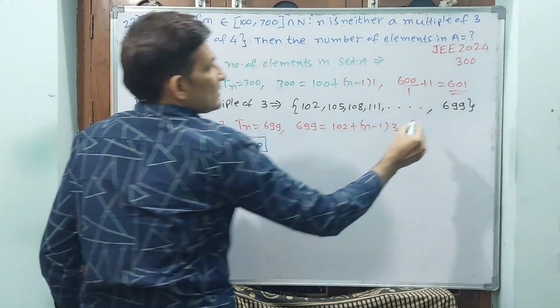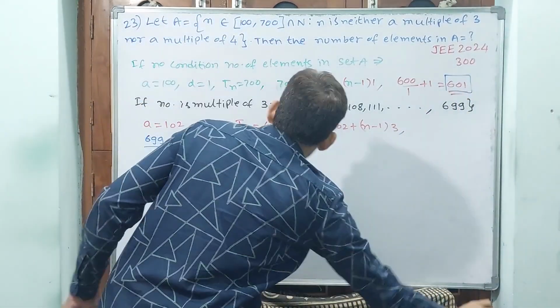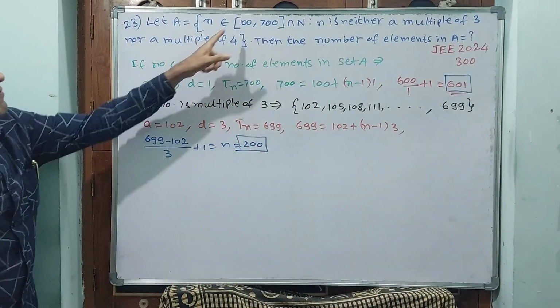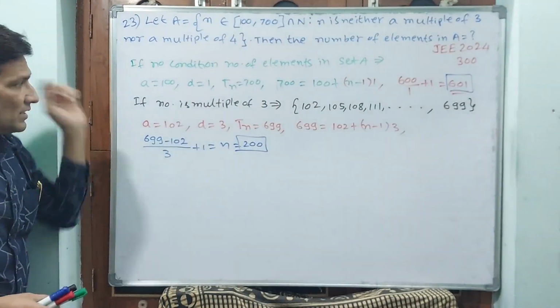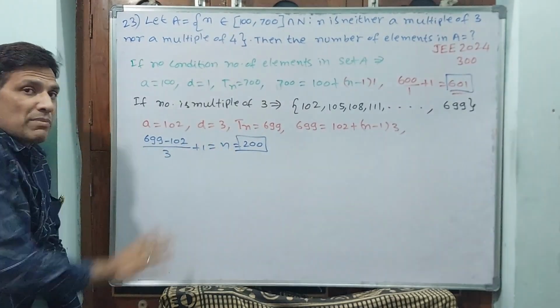I am boxing this. Now I can say that from 100 to 700, the numbers divisible by 3, or multiples of 3, are 200.